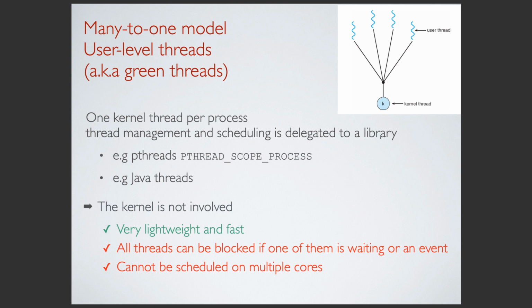The idea is the processor is going to give the CPU time to this kernel thread, and then after that you will have some kind of a library that decides, oh wait, I'm going to execute that branch, or I'm going to execute that branch. Or, assuming my CPU time quantum is 100 milliseconds, I'm going to do 20 milliseconds for each branch, and I'm going to alternate really fast.